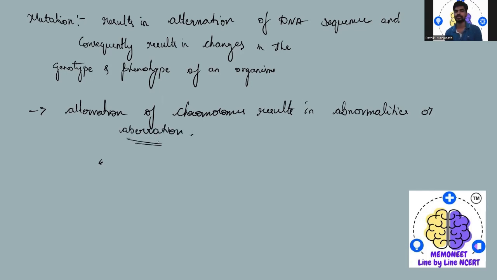Abnormality means it might result in an abnormality of the living organism. An aberration is something which does not fit the current standard or scenario, say like a normal cell.